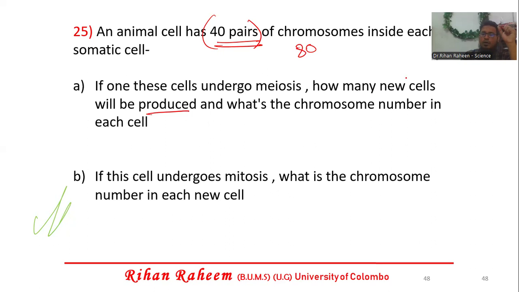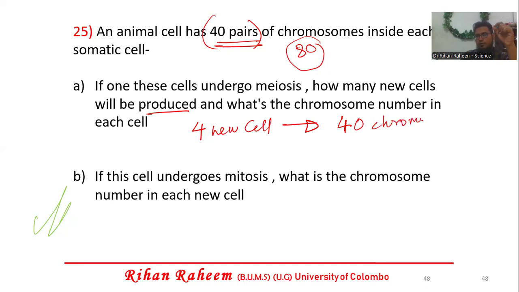We always know if meiosis happens, 4 new cells will be produced. Each cell having how many chromosomes? One cell normally has 80. If meiosis happens, the chromosome number will become half. So there will be 4 new cells, each with 40 chromosomes.